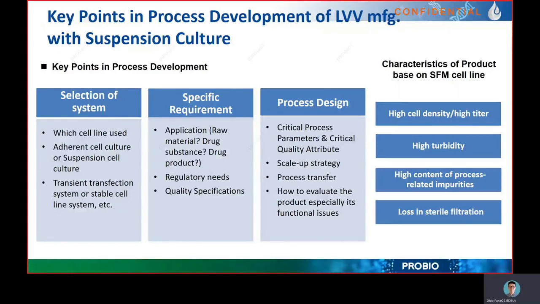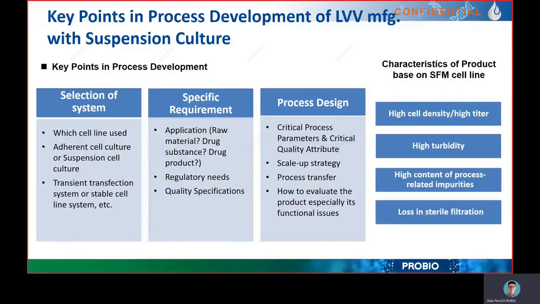And there are specific requirements due to your product application or specific quality specifications due to regulatory needs. And in your process design, you have to carefully determine the critical process parameters and critical quality attributes according to your product application and according to your prior knowledge.